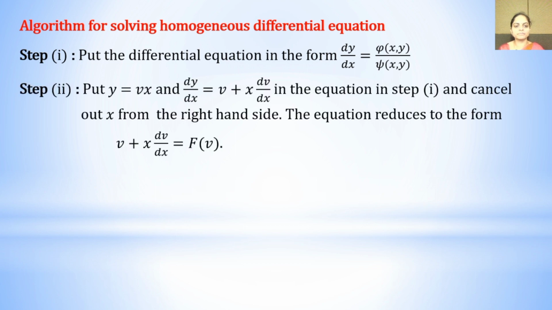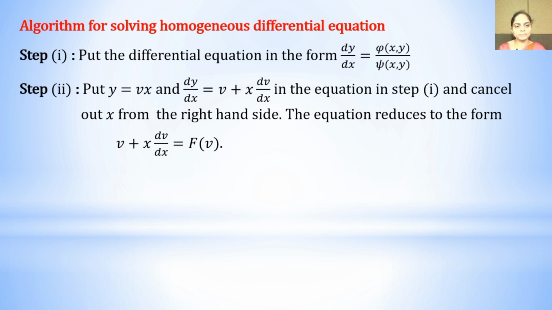Now second step, put y equal to vx and dy by dx equal to v plus x into dv by dx in the equation in step first and cancel out x from the right hand side. The equation reduces to the form v plus x into dv by dx is equal to f of v.